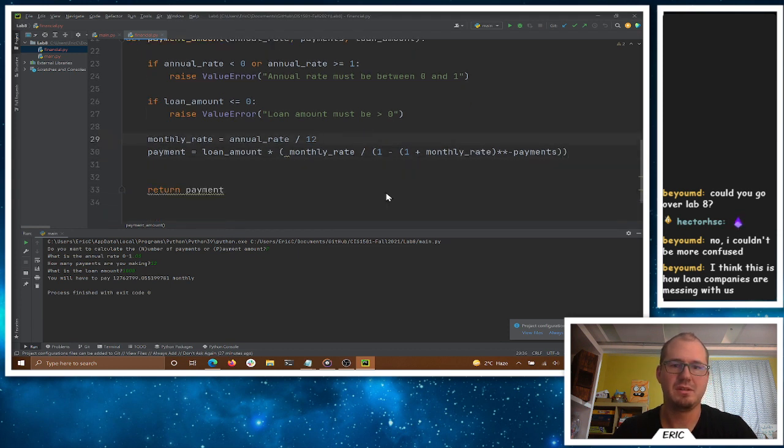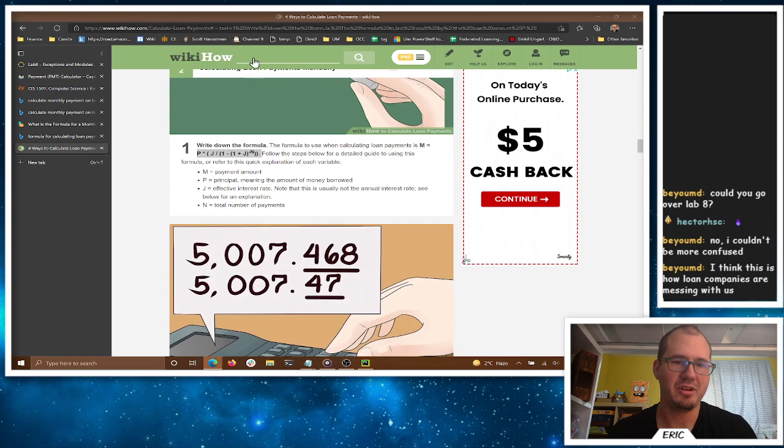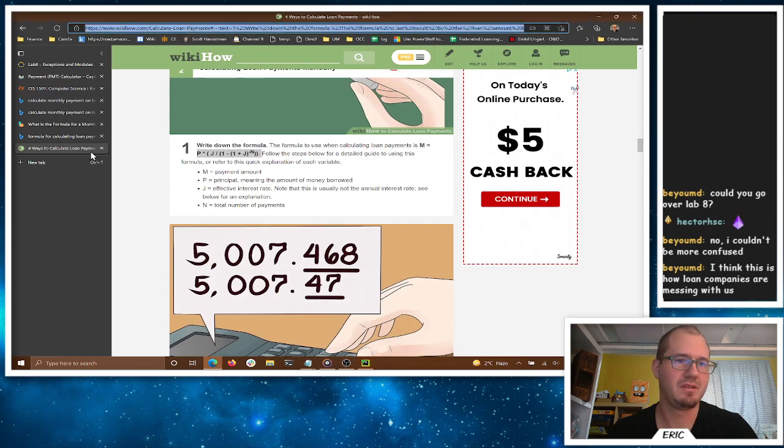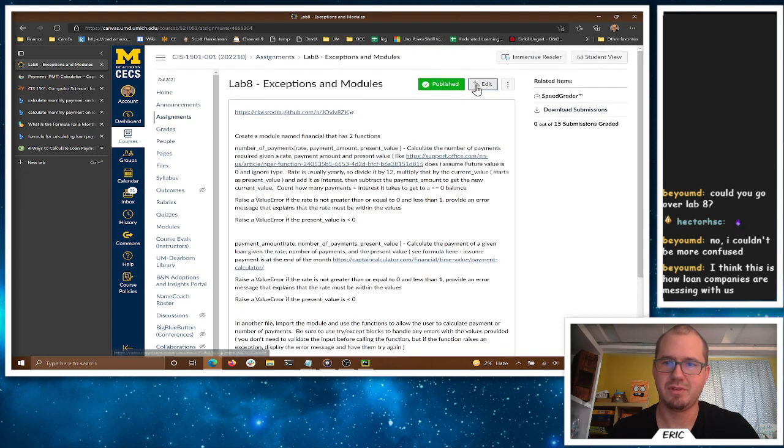I'm going to cross my fingers. Let's try it. All right, payment amount, 0.03, 3%, making 12 payments on $1,000. Look at that, 84. Hey, we found a formula that works. All right, I'm going to update my notes here because this one actually worked. My goodness.